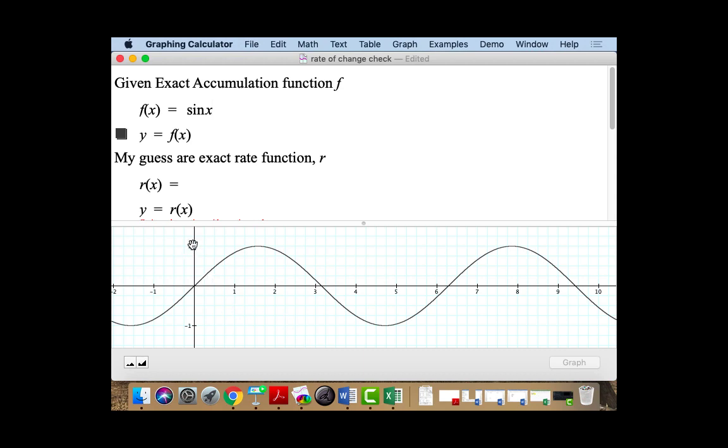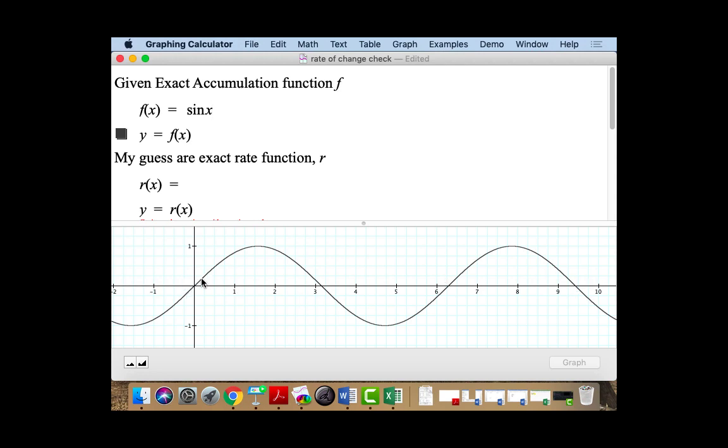Thinking about this as if it's an accumulation function measuring something, I see that the amount of something increases and then decreases and then keeps decreasing for a while and then starts increasing again. So the steepest spots on this, meaning the fastest rates of accumulation, are right around the x-intercepts, every other one. The others are the fastest deaccumulation, the fastest decreases.